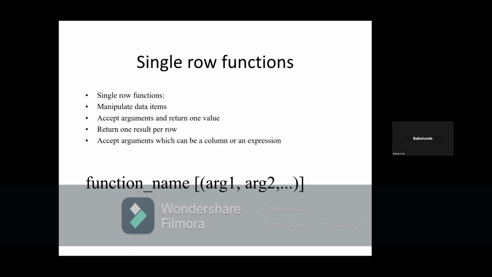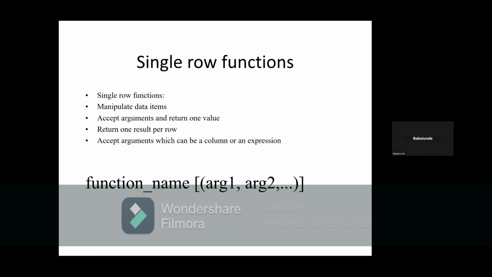So you accept the parameter. You put in a parameter, say I want you to add 1 million plus 1,200 for me, and give me the result. So a function accepts arguments. What you put in, your input, is called the argument, and we also call it a parameter. It returns a value.